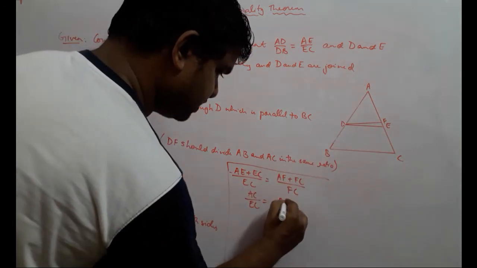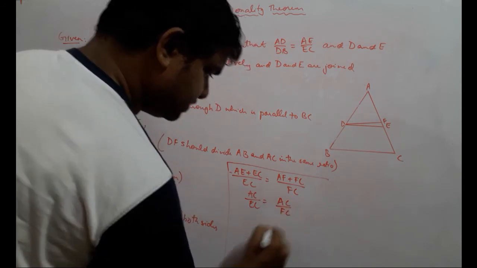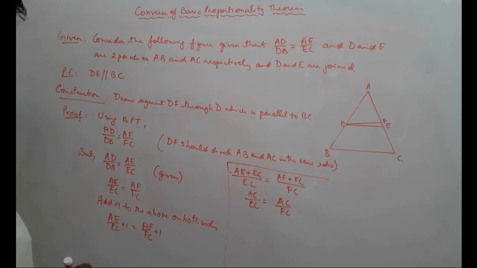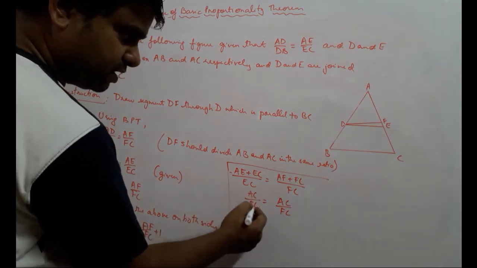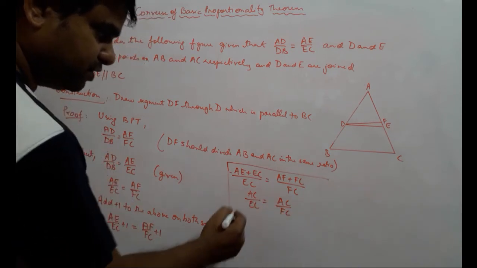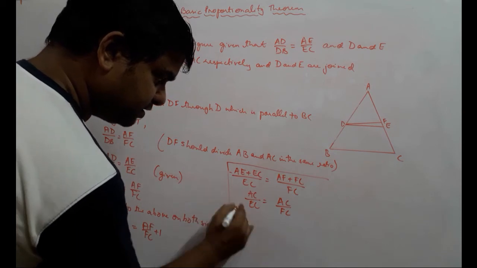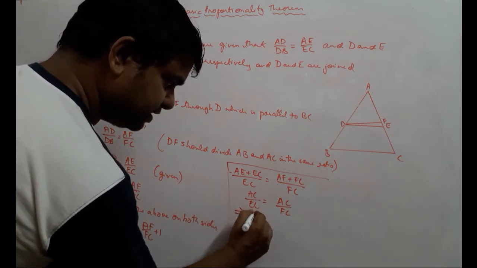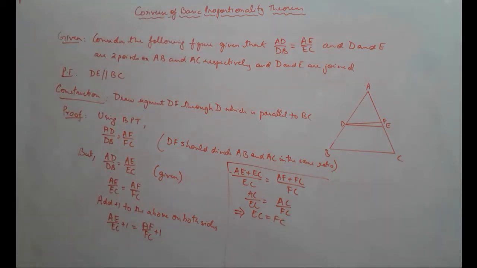So this also we can write as AC upon FC. So now we can easily say that this implies EC is equal to FC.